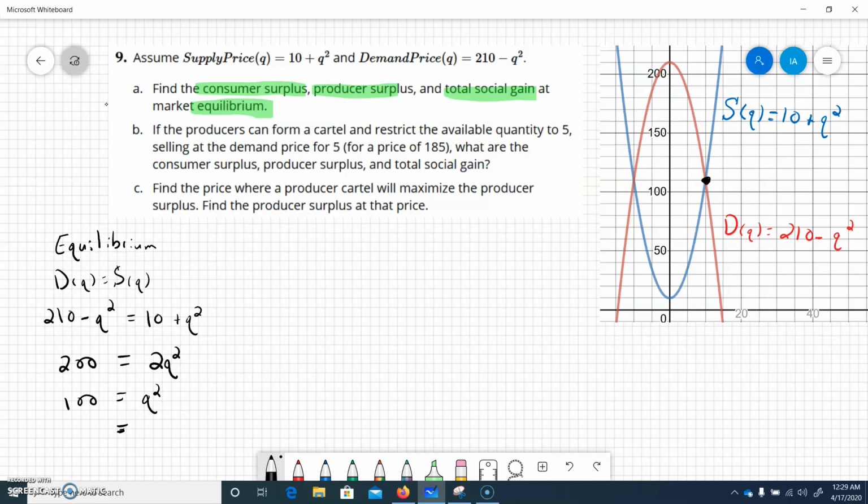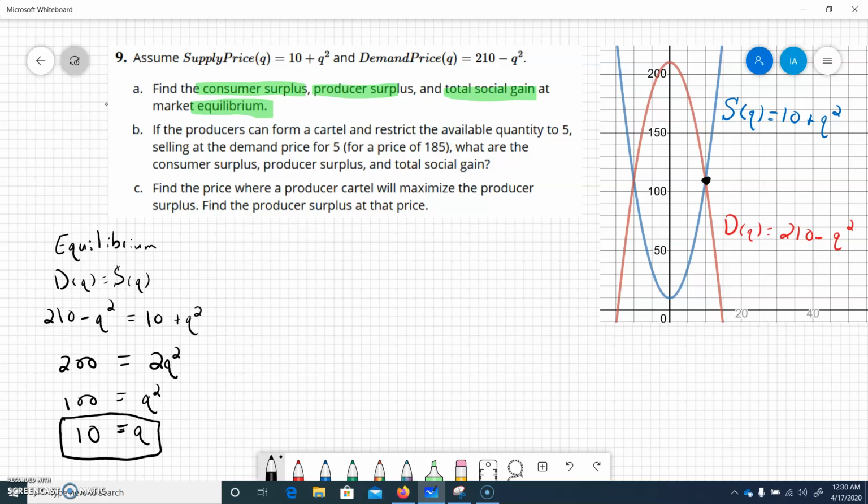Now in an algebra class, q would be plus or minus 10, but there's no way to make negative 10 items. So we know that the number of items to make and sell that would balance things out and give us the most social gain will be 10.